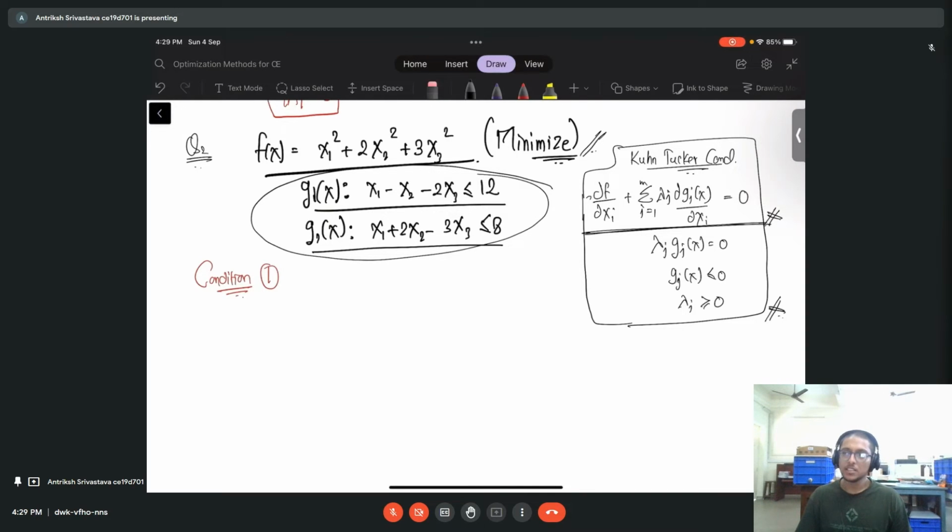Let me write it, and then you can tell me whether I am doing anything wrong or not. I think it should be 2x1 plus lambda 1 plus lambda 2 is equal to 0. Is this correct?